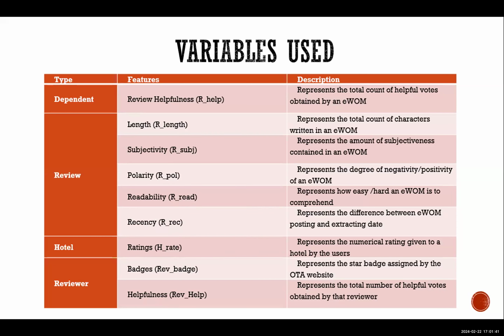Then subjectivity, then polarity. Polarity basically means how positive or negative a review is. Then we have readability, that means the ease of reading a review. Then we have recency, which basically represents the age of the review. Then we have hotel rating, that is the rating given by reviewers to a particular hotel.